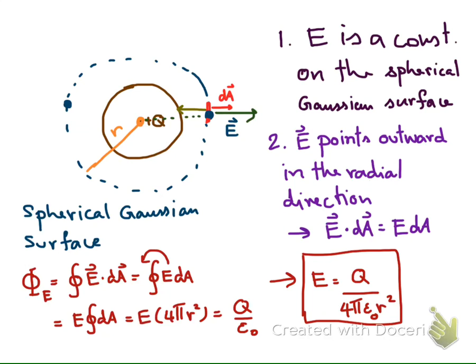Please notice that in this case, we choose the spherical Gaussian surface. This is because our problem has the spherical symmetry.